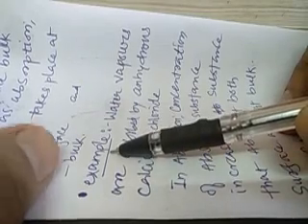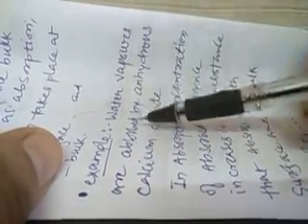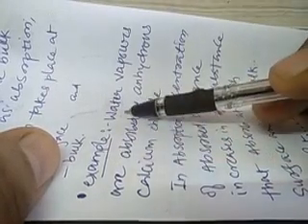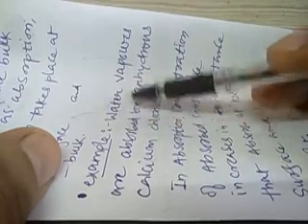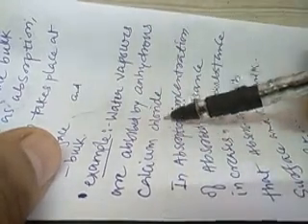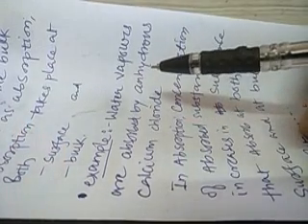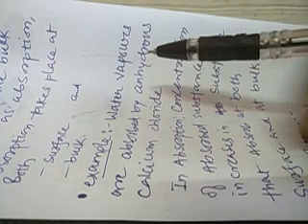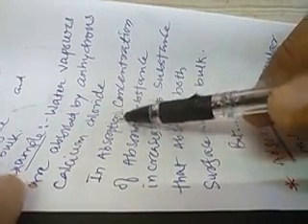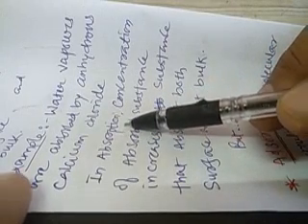Examples of absorption: water vapors are absorbed by anhydrous calcium chloride. So if you take calcium chloride, it absorbs the water. That means the water goes into the surface as well as in the bulk.